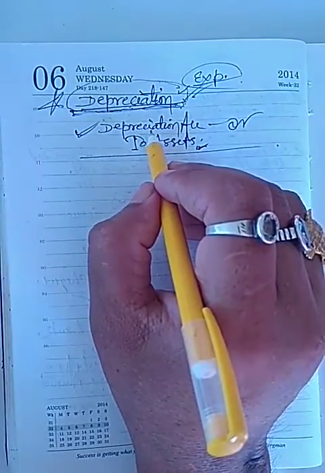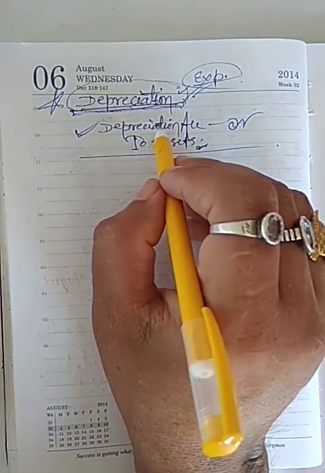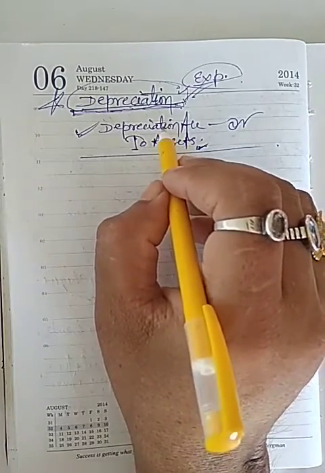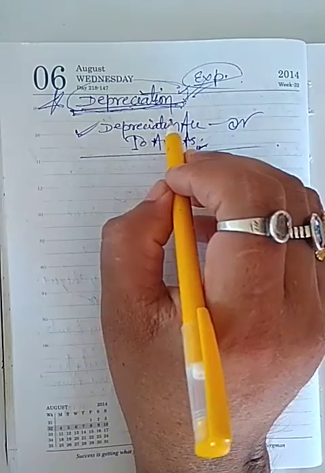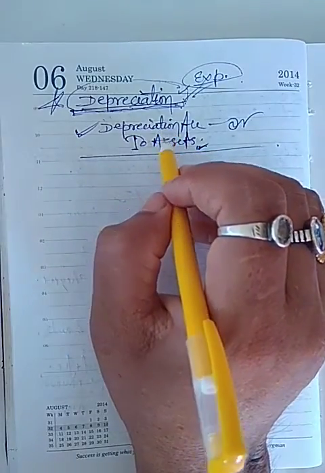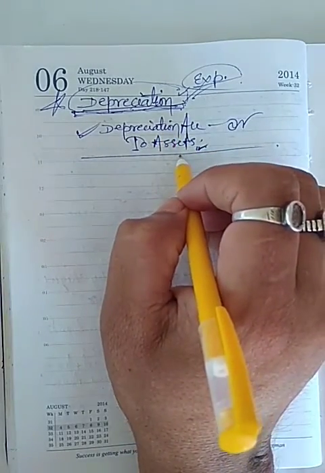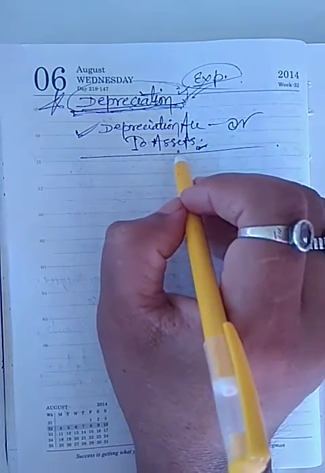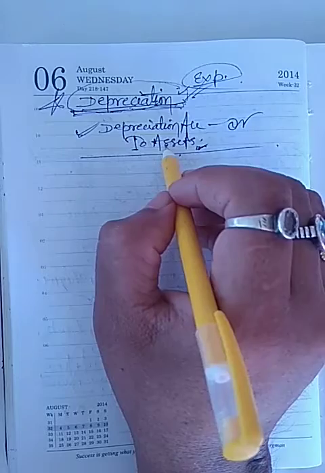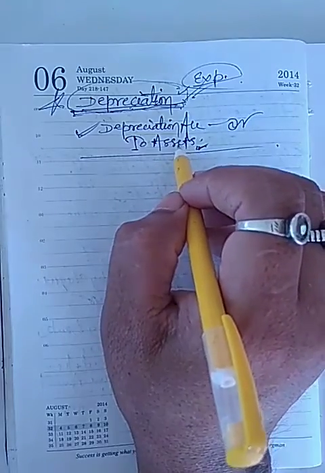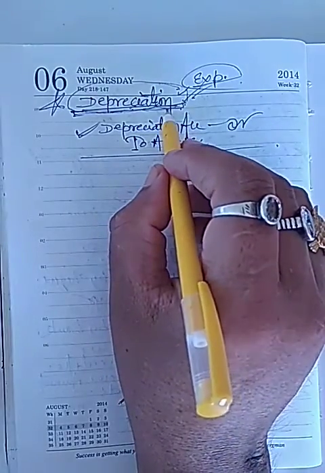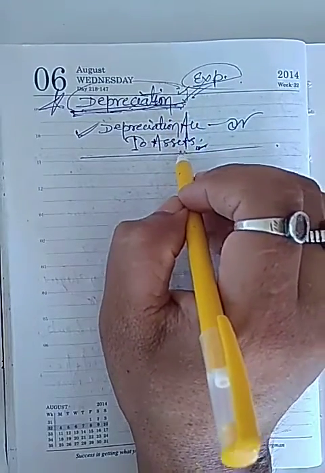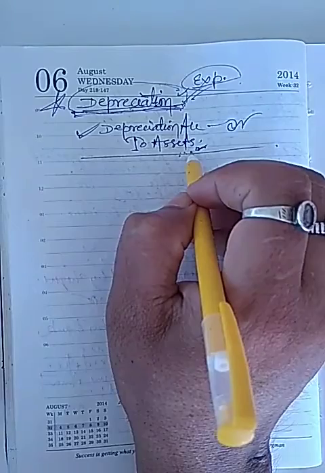Suppose I purchase furniture, then furniture will come into our business and it will increase, so it will be debit. But when we sell furniture, then it will decrease, so it will be credit. Same thing here. When depreciation is charged, the value of the asset decreases, so it will be credit.